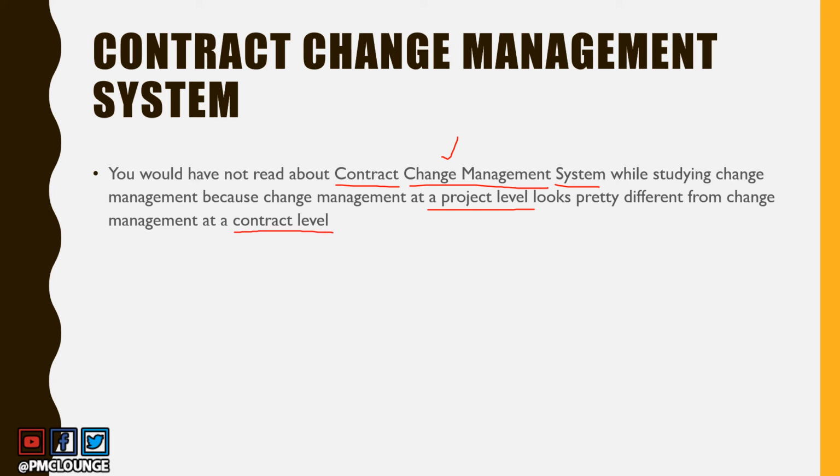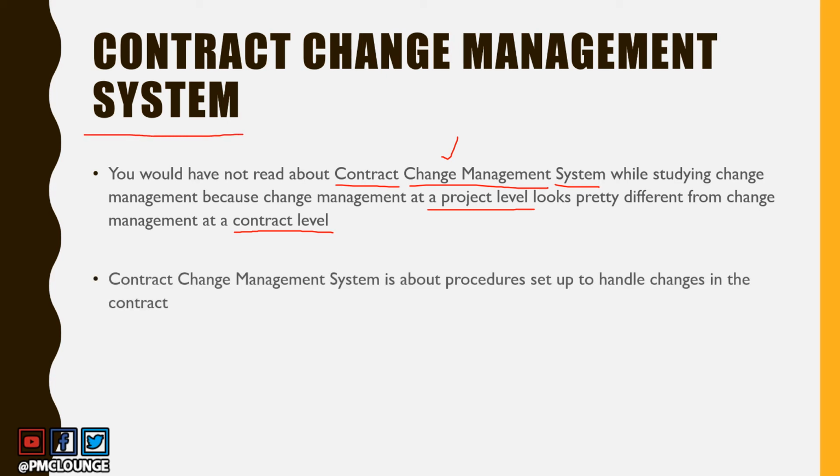So that's why in your study of change management, you didn't come across this tool. The scope of this tool is obviously limited to the contract. So this is about procedures set up to handle changes in the contract. If there is any change in the contract, how are you going to deal with it?